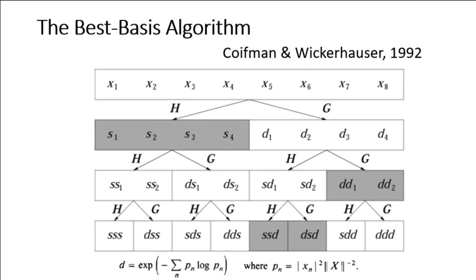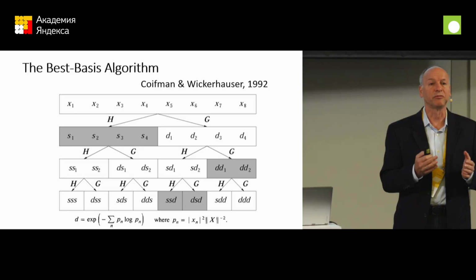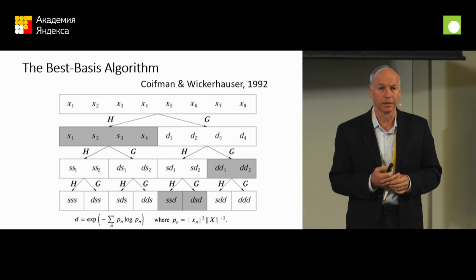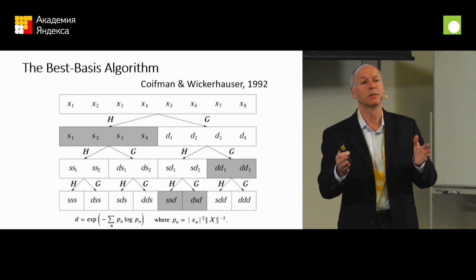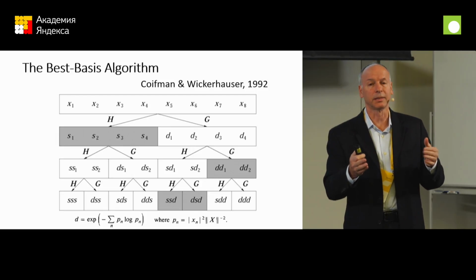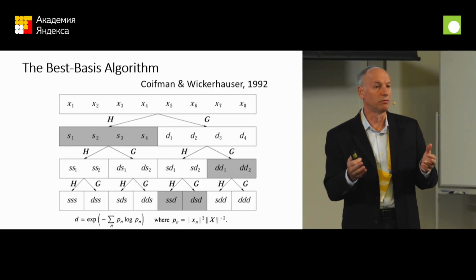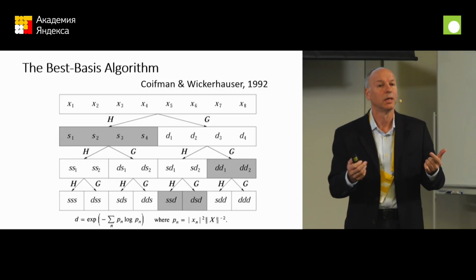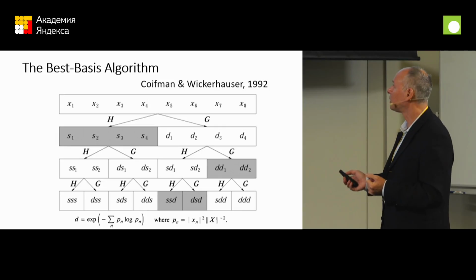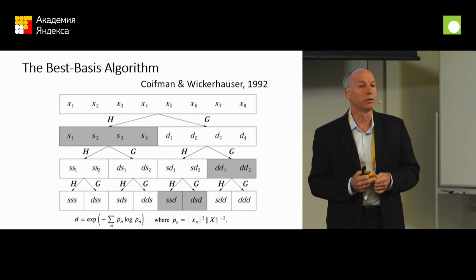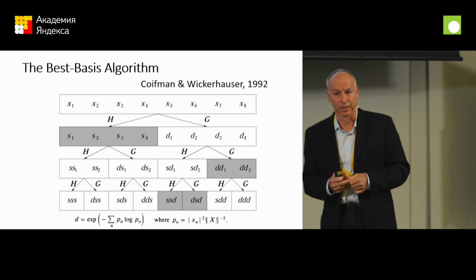So we have the line at the bottom, which is a very simple way of looking at the entropy of the coefficients of a vector. We take all the vector coefficients and normalize them by the norm of the whole vector, so we convert it into a probability, and we now calculate the Shannon entropy of the coefficients of this vector.